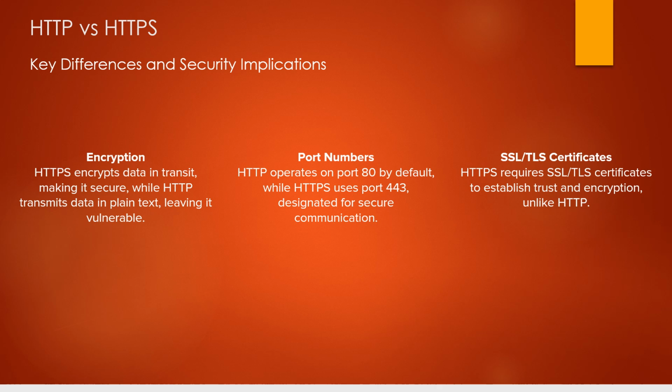Some key differences between HTTP and HTTPS is basically encryption. While HTTP transfers data in plain text, making it susceptible to interception, HTTPS ensures all data in transit is encrypted using SSL and TLS certificates. This encryption makes HTTPS the preferred protocol for really any sensitive transaction.